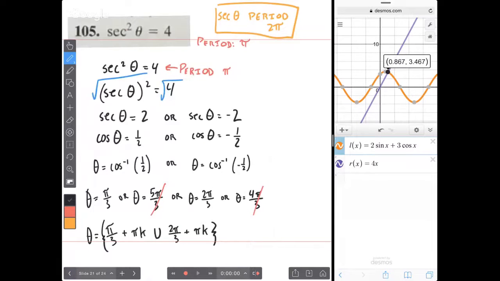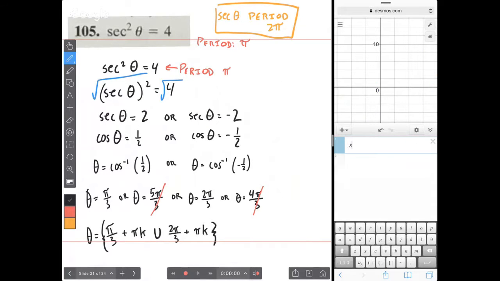Mary, should we do it for just the secant squared function we were looking at, or for a secant function? For secant, sounds good. So secant x. And let's transform it a little bit.